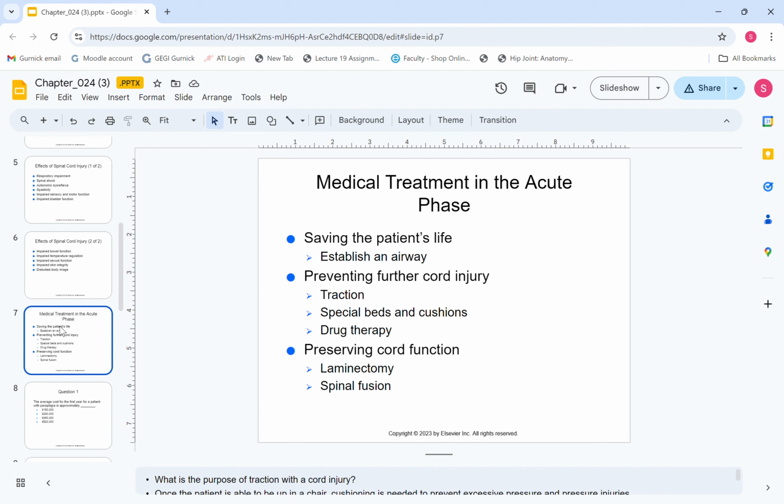All right, they may have a board that they put under the patient, okay, to lift them up and transport them. That will keep their thoracic spinal column nice and straight, okay, and different braces and things so that the spinal cord doesn't move.